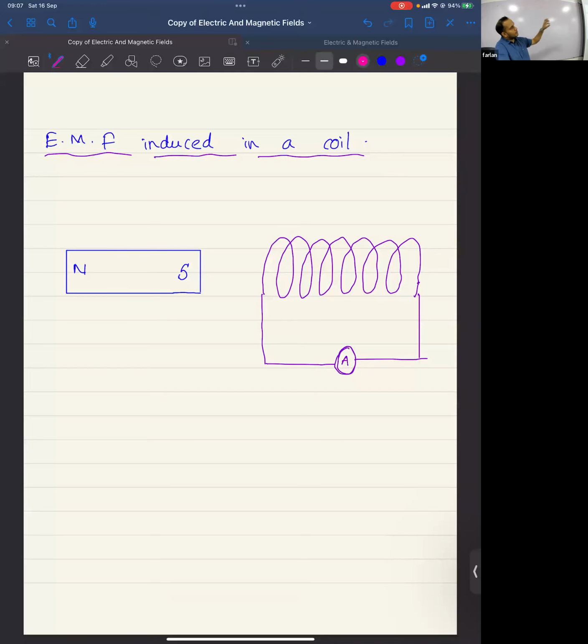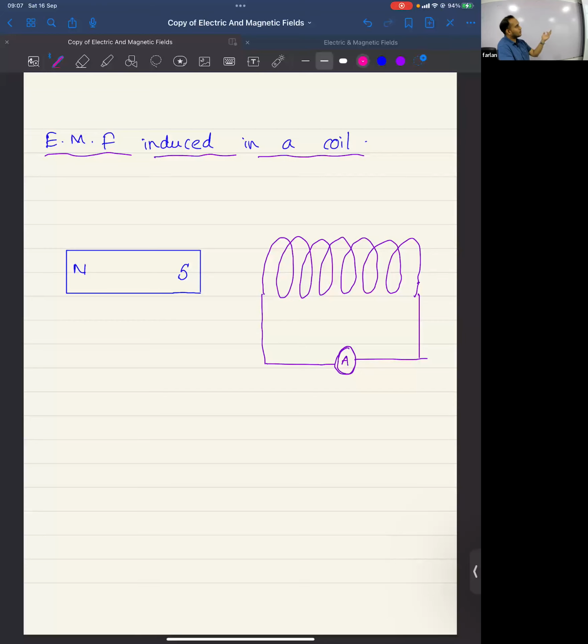While you keep it moving, there will be an EMF induced in the coil. If you do a simple experiment, taking a coil attached to an ammeter and a magnet which is moved closer, if you keep moving the magnet, there will be an ammeter reading. Correct? Agreed? Did you know that?